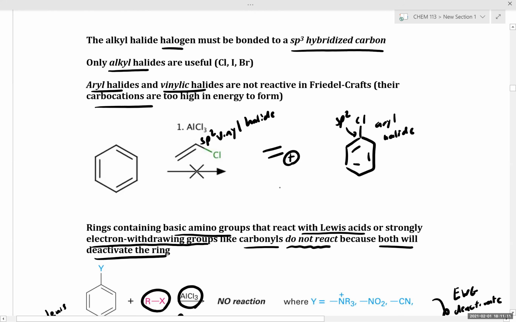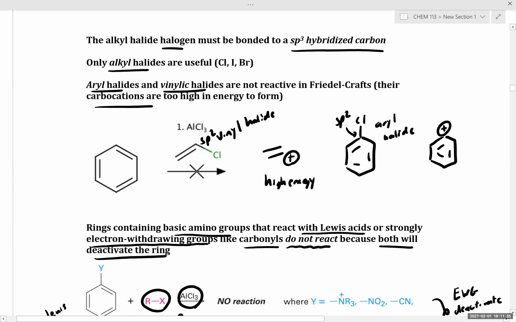And the reason why aryl and vinyl halides aren't reactive as Friedel-Crafts electrophiles is because generating this aryl carbocation or vinyl carbocation, these carbocations are very high in energy, and as a result, they're very difficult to form.